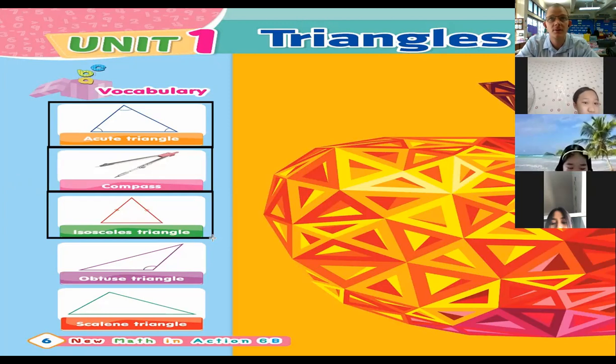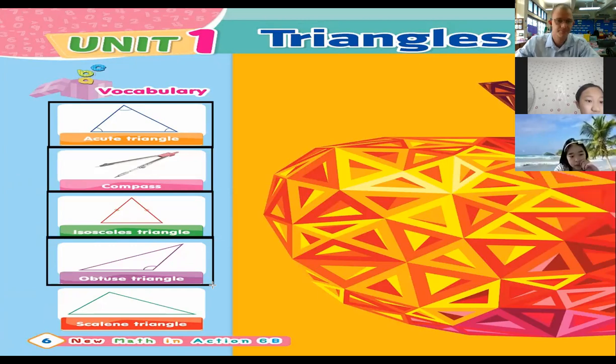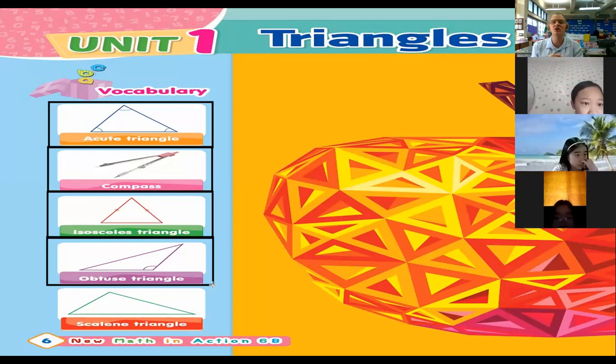Oh, that sounds very good. The next one is a compass. Compass. Yes, excellent. The next one we have is an isosceles triangle.